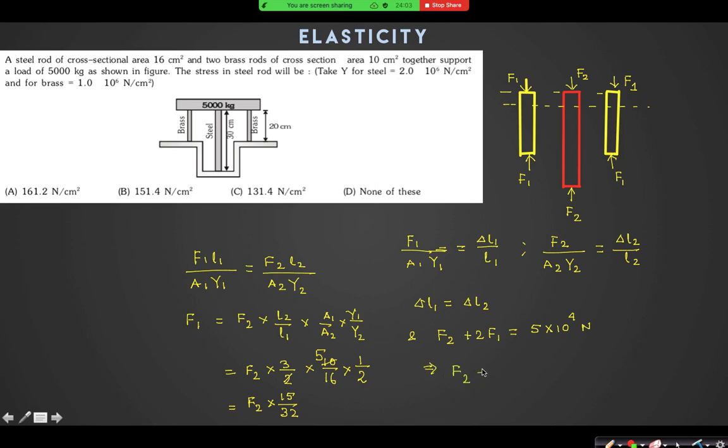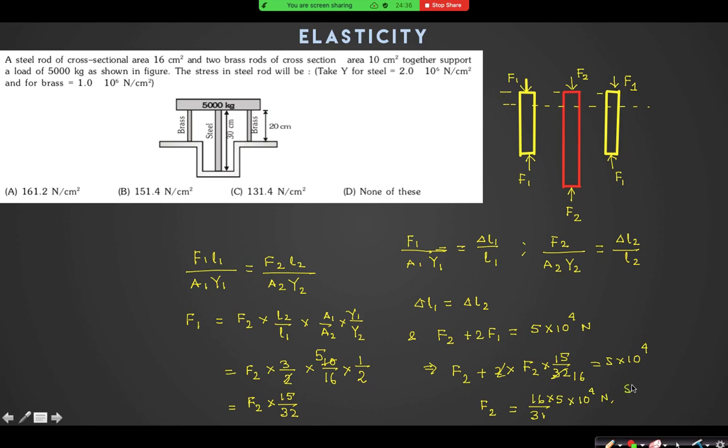F2 plus 2 F1, with F1 equal to F2 into 15 by 32, is equal to 5 into 10 power 4. So it is 16 plus 15, 31. So F2 is equal to 16 by 31 into 5 into 10 power 4.